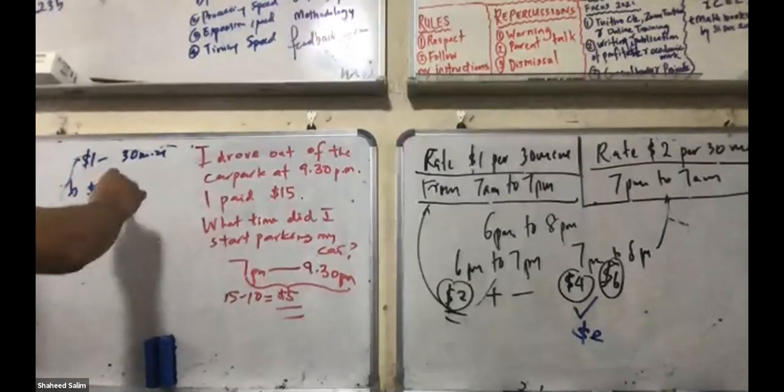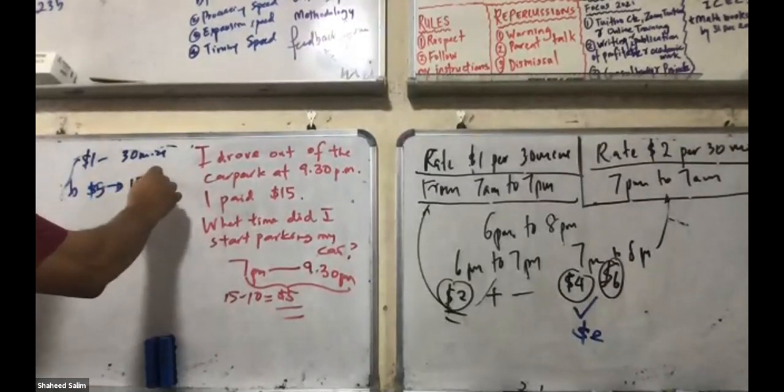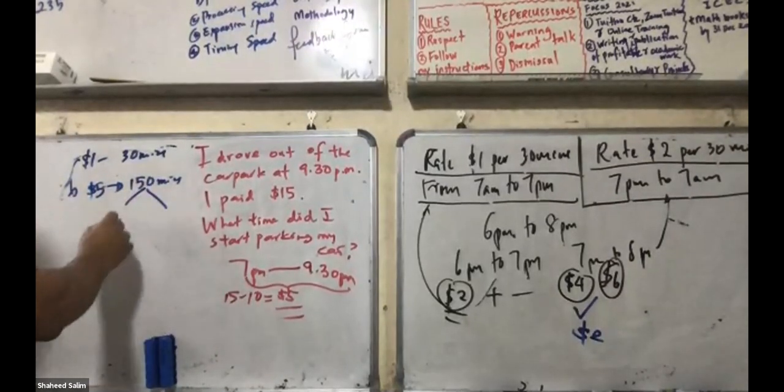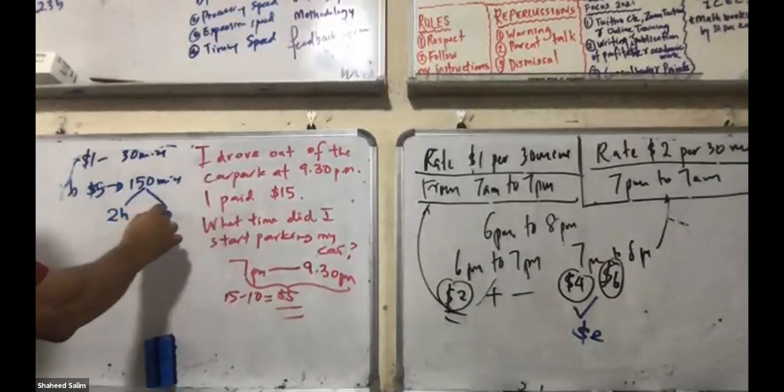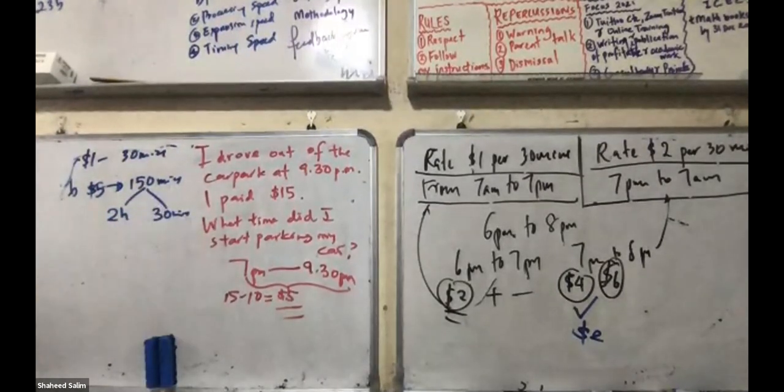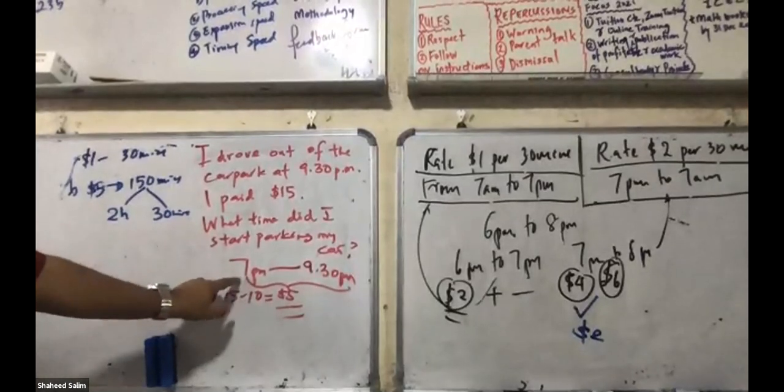Yeah, good, well done. 150 minutes is 2 hours and 30 minutes. 2 hours and 30 minutes before 7 p.m.